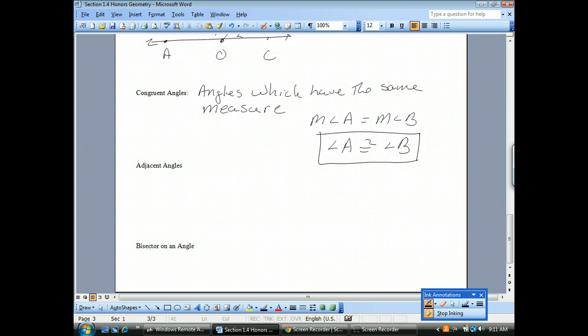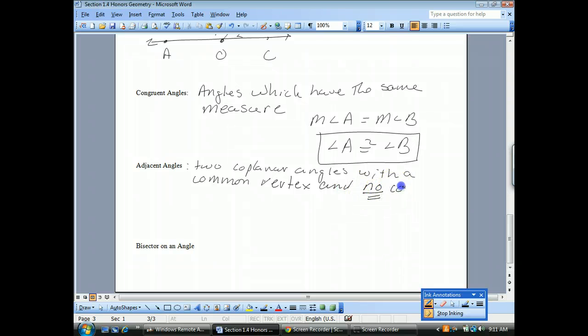Adjacent angles are two coplanar angles with a common vertex and no common interior points.